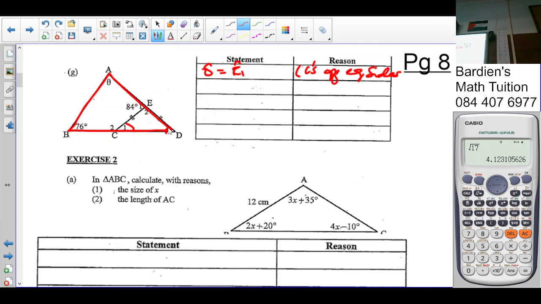We can do one of two ways. We can first work out E2, which is angles on a straight line. So we say E2 plus 84 is equal to 180. So E2 is equal to 180 minus 84, which is 96. Otherwise, how else could I have worked that out?